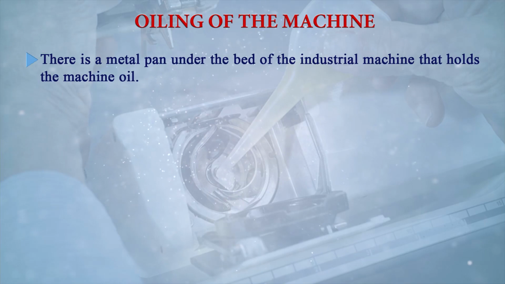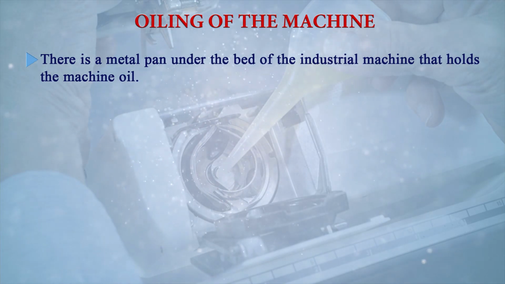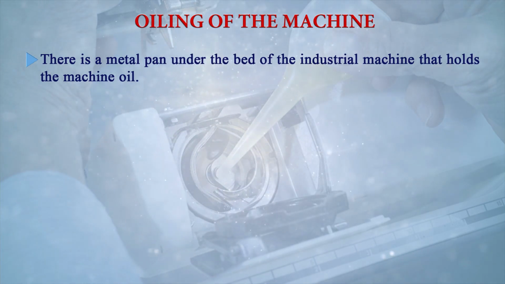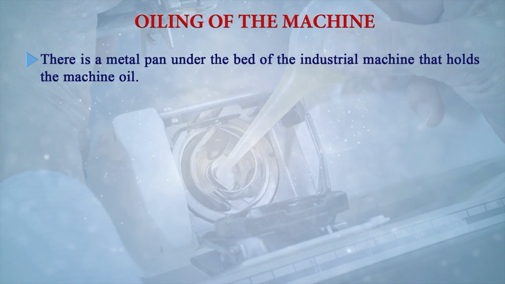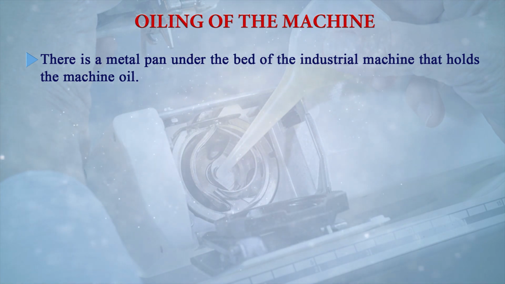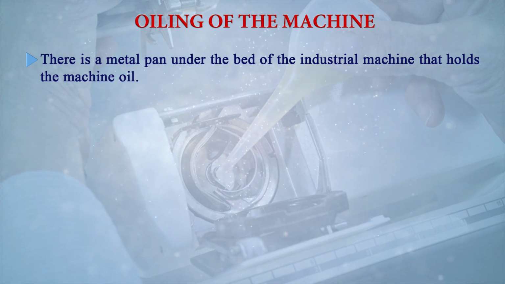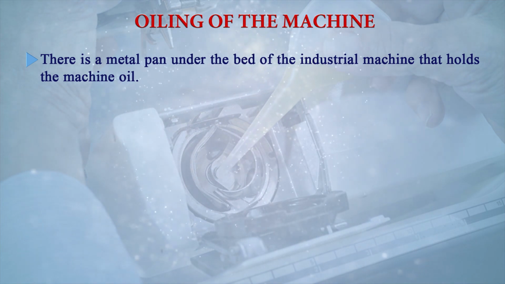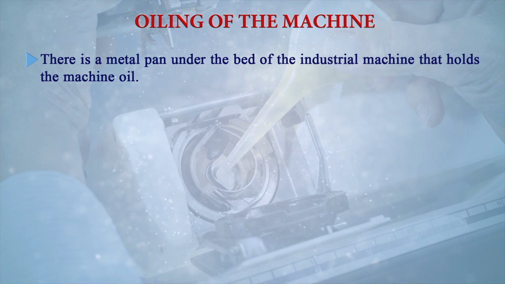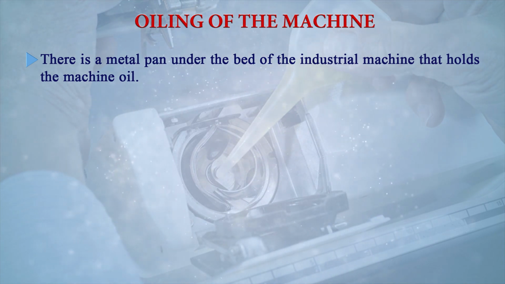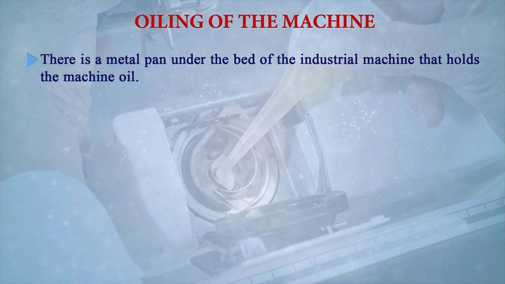Then last is the oiling of the machine. So how do we do the oiling of the machine? There are several metal pans under the bed of the industrial machine that hold the machine oil. If we are using a sewing machine, then at a particular interval of time we have to oil our machine so that it works very smoothly.